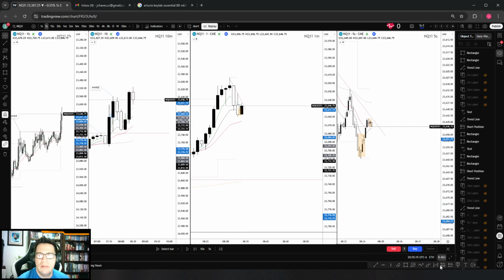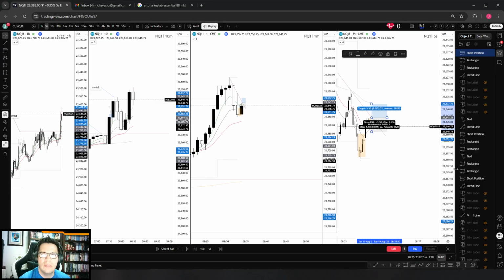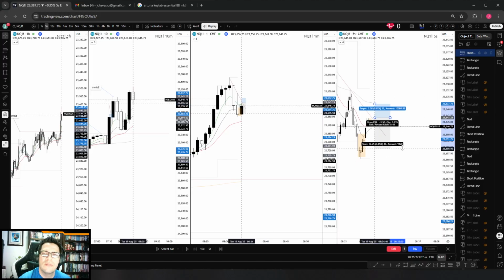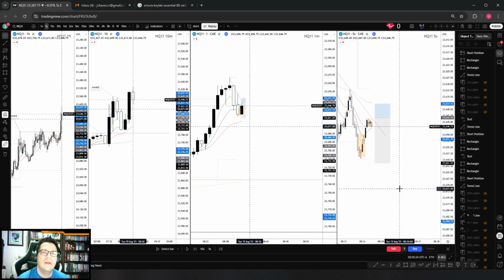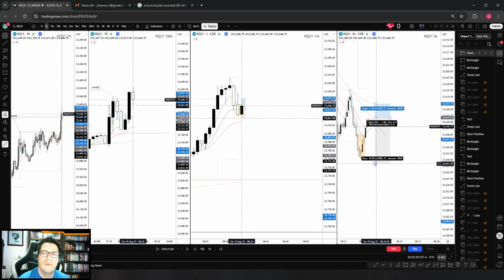So let's see if that would develop. So let's place this one here, just like this, with a stop loss there, which would be basically protecting the whole.